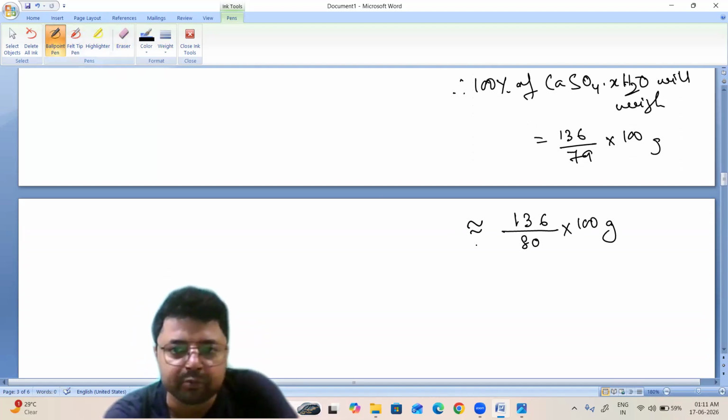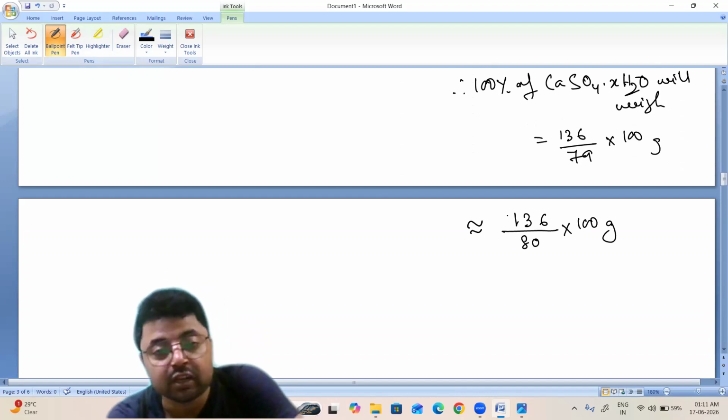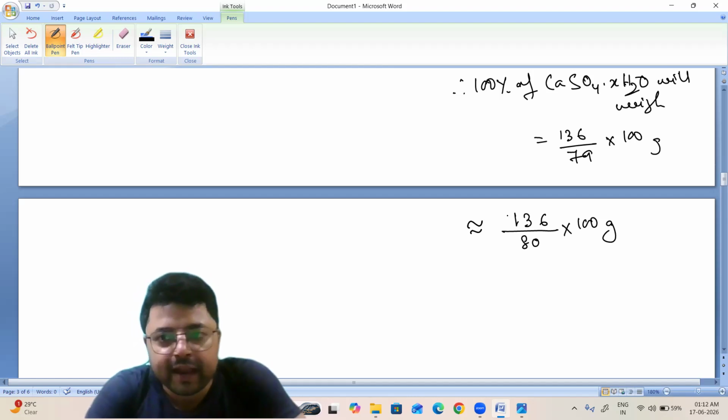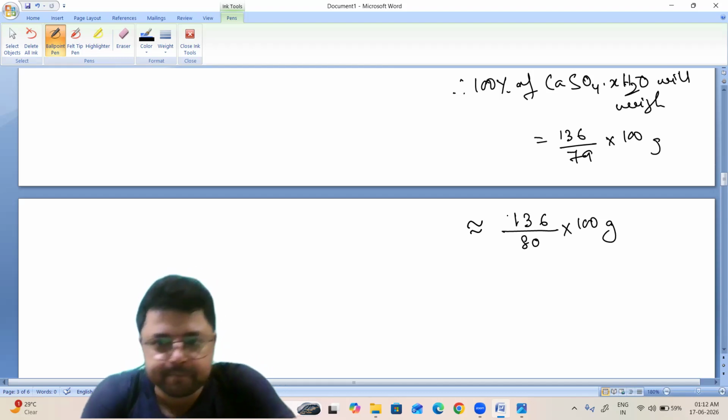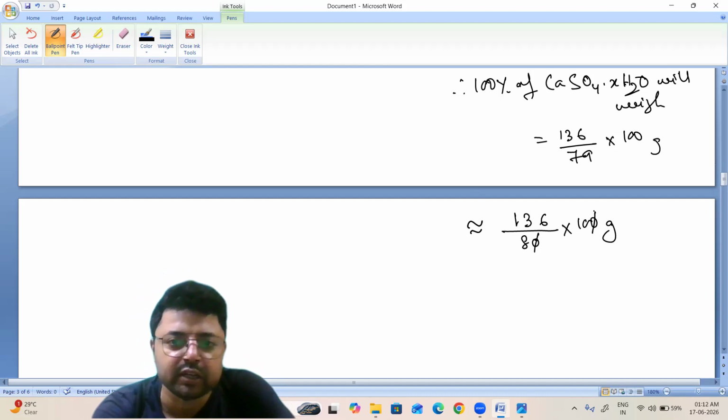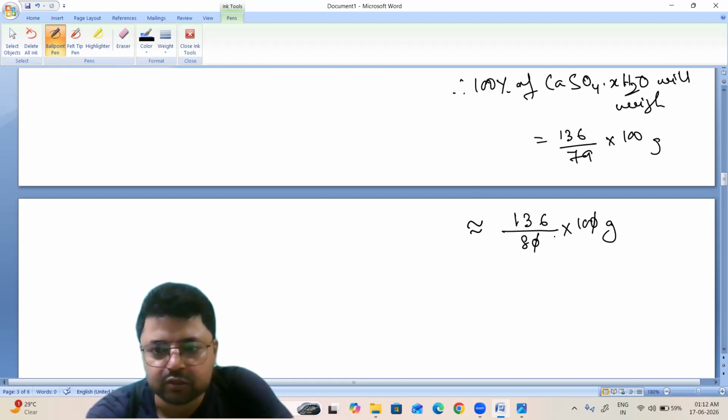It is advisable that you do this in the rough side, and when you are writing the answer, you will write that this is approximately that value. Ultimately you will get the right answer, because you are just converting 79 to 80 to ease your calculation.